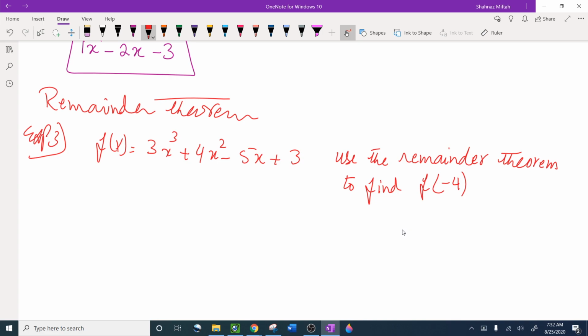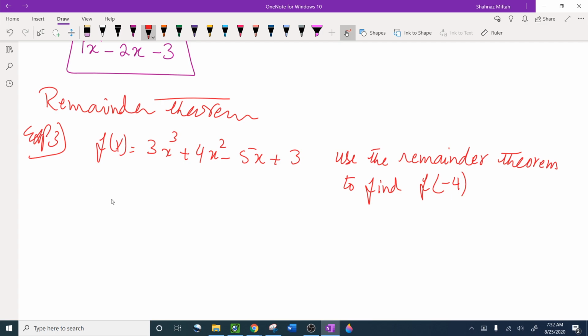So how do we do the remainder theorem part? In this case, the easiest way is to use synthetic division to answer the question. But what is this f of negative 4 supposed to mean? It means you are dividing this function by negative 4.